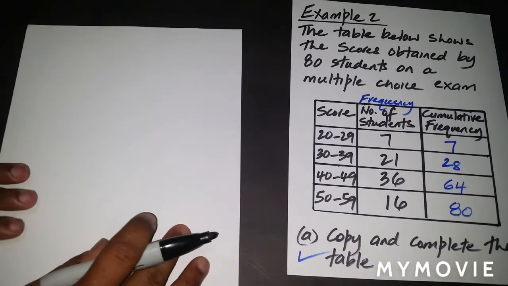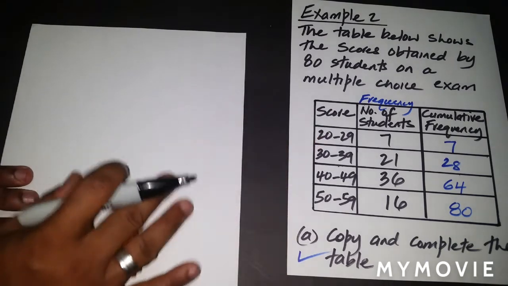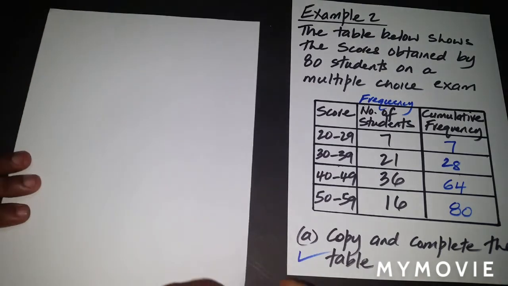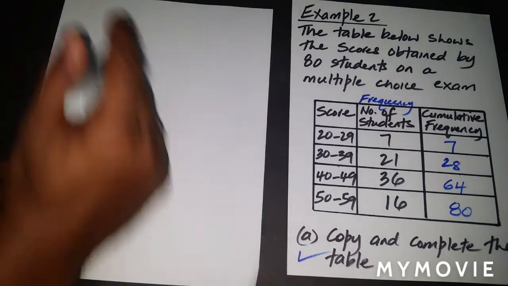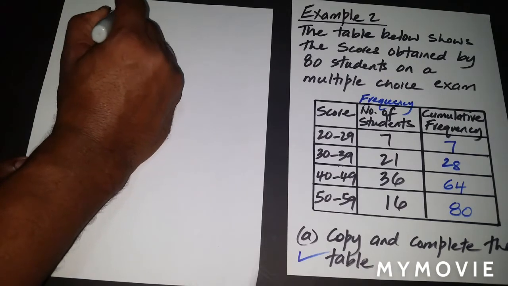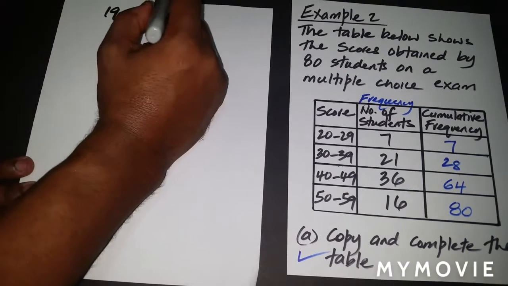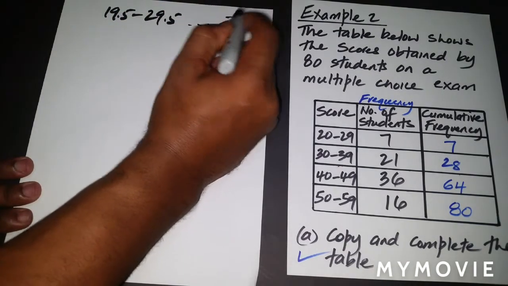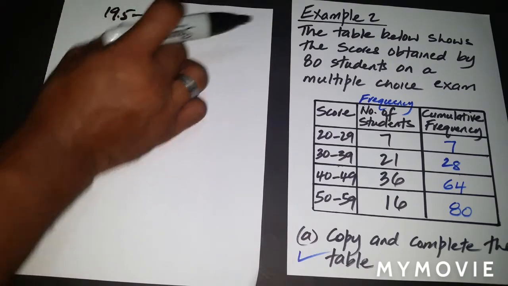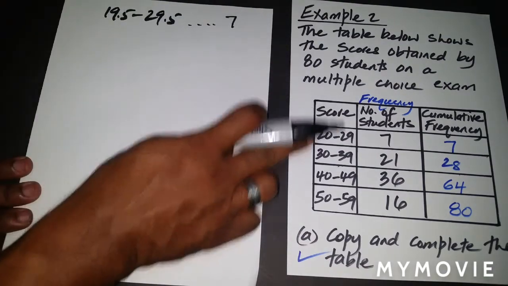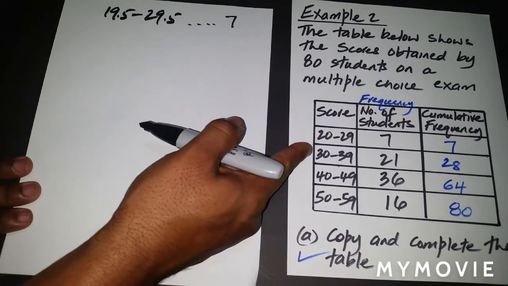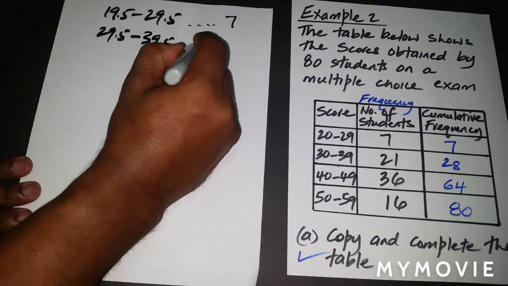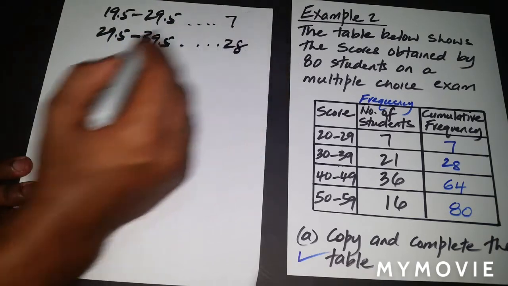So, of course, this class here, 20 to 29, the class boundaries for that class would actually be 19.5 to 29.5, and of course that is supposed to match up with 7. We haven't established the upper class boundaries yet. I'm just writing the boundaries for each class. So for 30 to 39, that would be 29.5 to 39.5, and that should match up with 28.